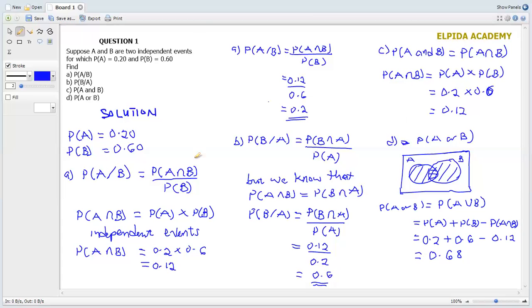So we've been given probability of A as 0.2, probability of B as 0.6, and we've been told that A and B are two independent events.